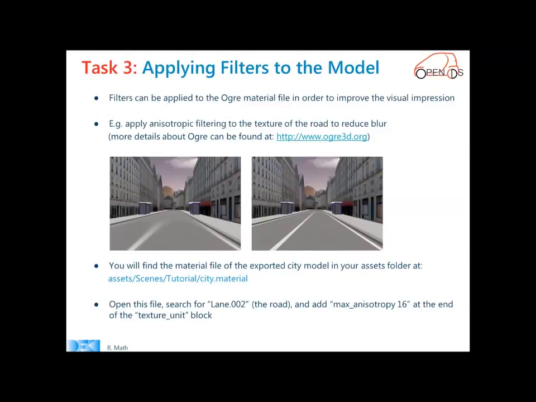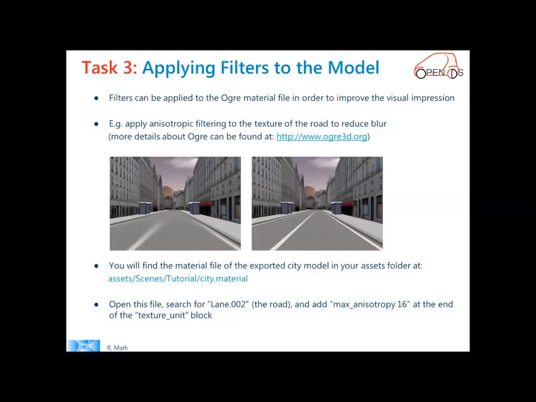Now the next step, we are applying filters. If you remember, when you started your simulation, it showed the picture on the left. There was this blurry line in the center of the road.